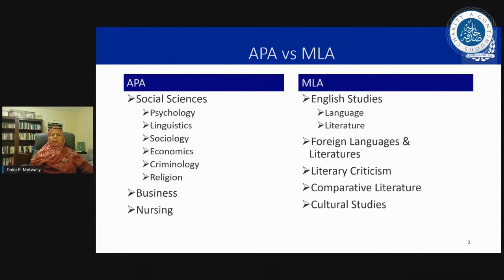With APA, we use social sciences: psychology, linguistics, sociology, economics, terminology, and religion, besides, of course, business and nursing. It covers a very wide array of disciplines in our college degrees, our graduate degrees, and out there in the world.